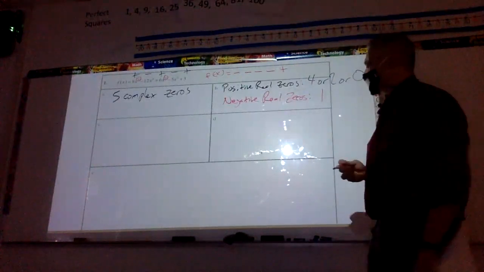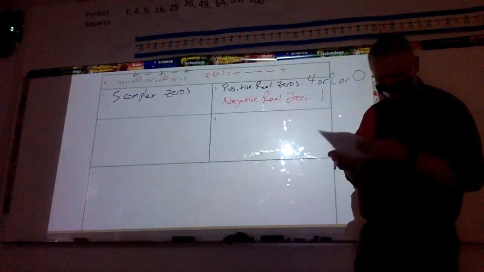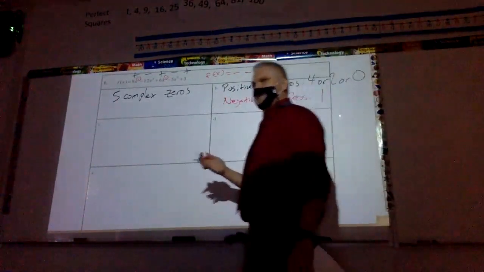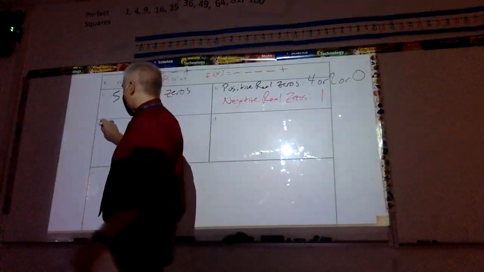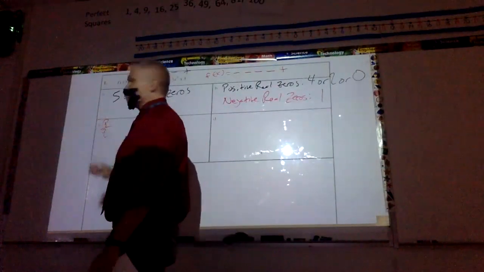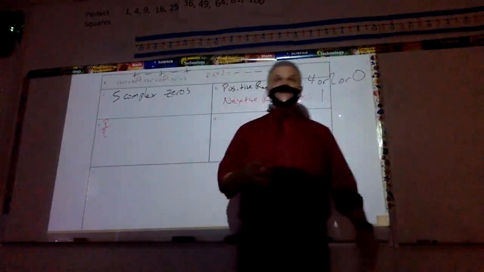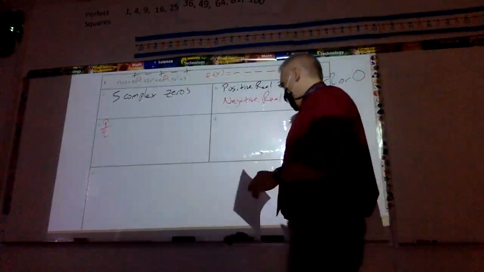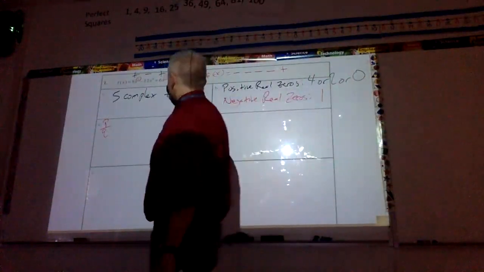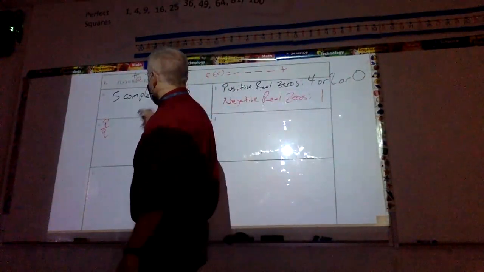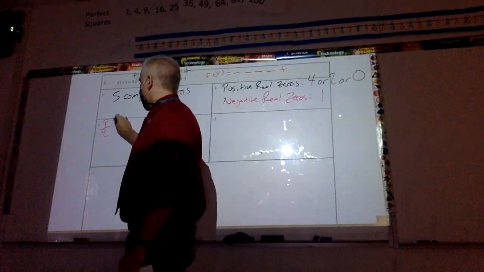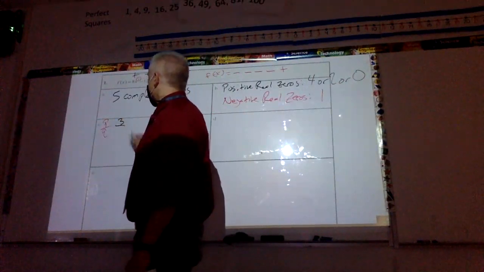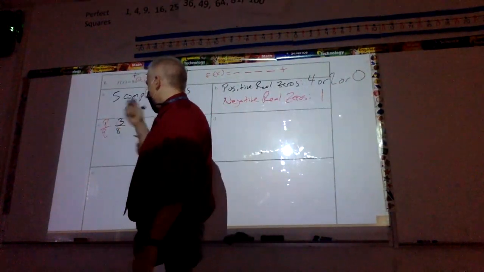For C, C is saying what are the possible rational zeros? What are the rational zeros we're going to be looking at? So how do we find that? We look at P over Q. P is the constant. Q is the leading coefficient.